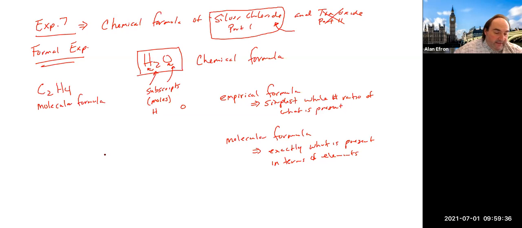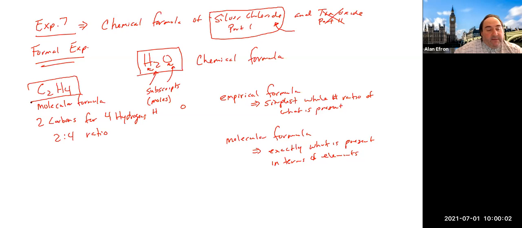And basically what it would tell us is in this particular compound, there are 2 carbons for every 4 hydrogens. That is essentially a 2-to-4 ratio of what is present between carbons and hydrogens. And if this is the molecular formula, the empirical formula can be found by looking at this formula and going, well, 2-to-4 is the same as a 1-to-2 ratio.